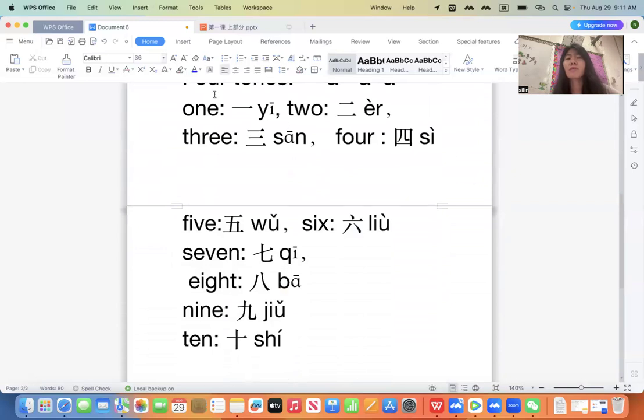We also have some meanings for each number. So for number 1, 一 in Chinese means unique. So you can buy your girlfriend a flower, one flower. That means you are the only one. You are the unique one. Okay.